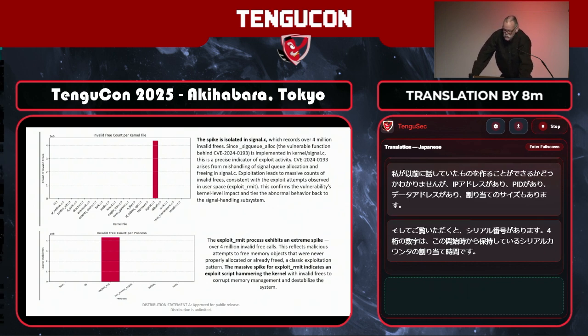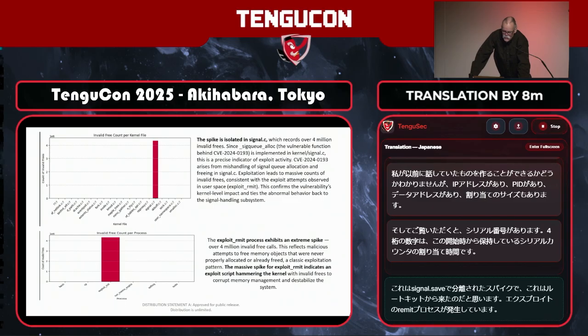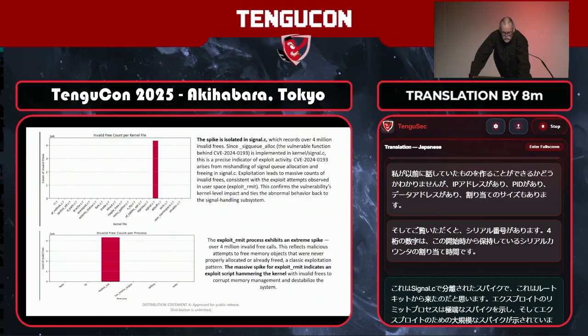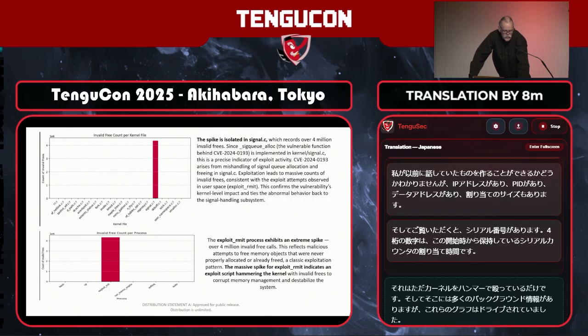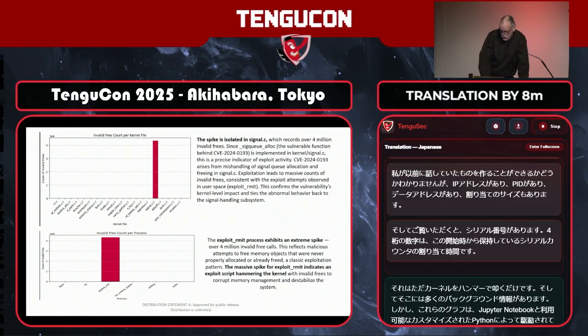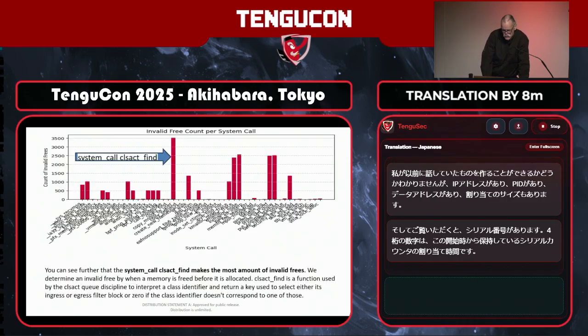The exploit_RMIT process exhibits extreme spikes, and the massive spike for the exploit indicates it's just hammering the kernel. There's a lot of background information there. These graphs were driven by Jupyter Notebook and customized Python that is available on our website via open source.